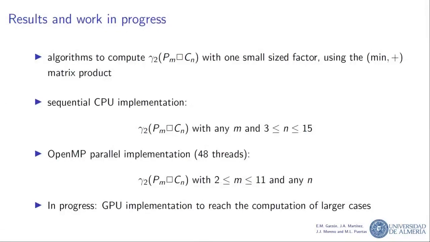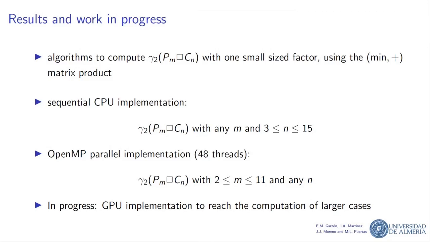I would like to finish by summing up our results. So we have obtained algorithms to compute the two-domination number of a cylinder such that one factor has a small size, the path or the cycle, and we use the min-plus matrix product in our algorithms.